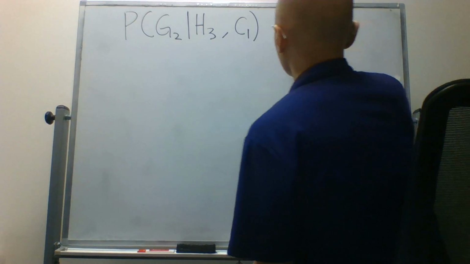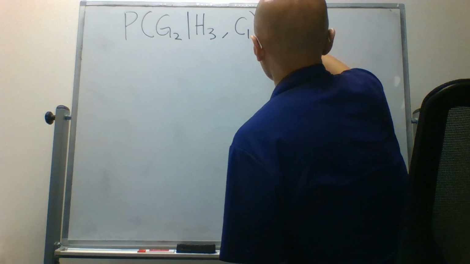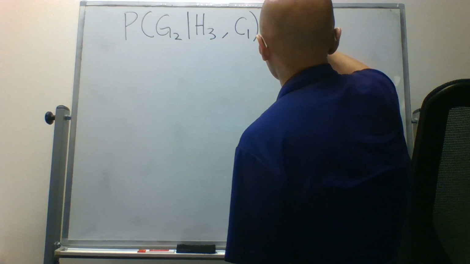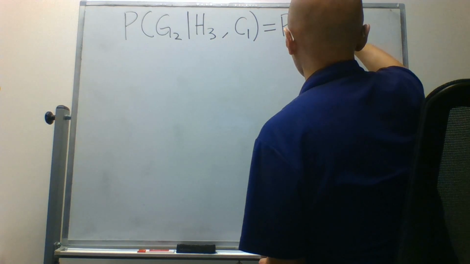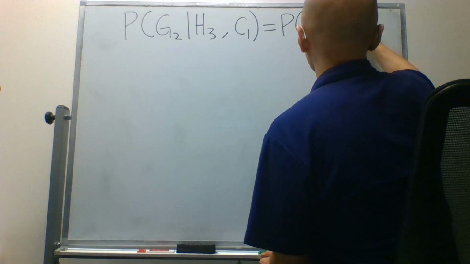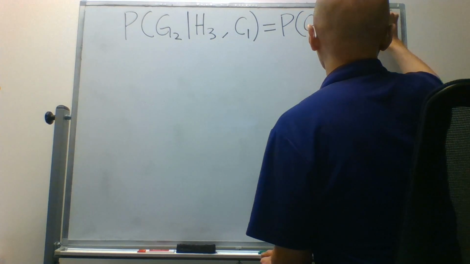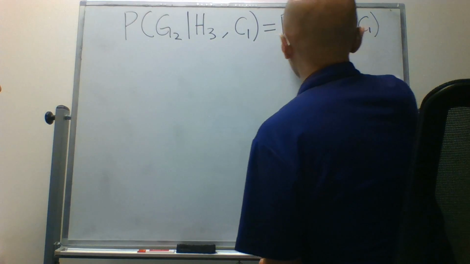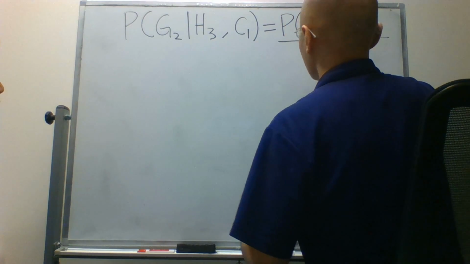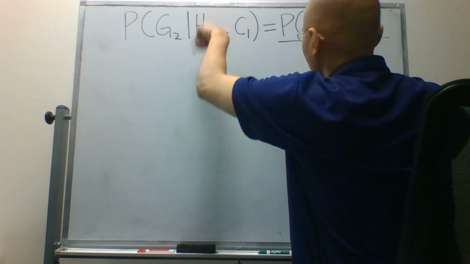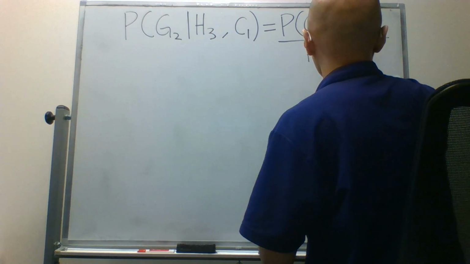This is equal to, by the definition of conditional probability, the joint probability divided by the probability of this event right here.